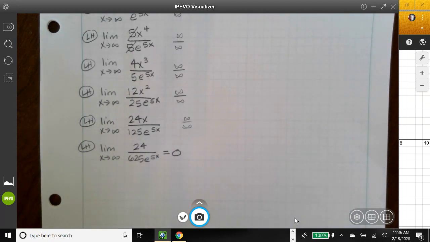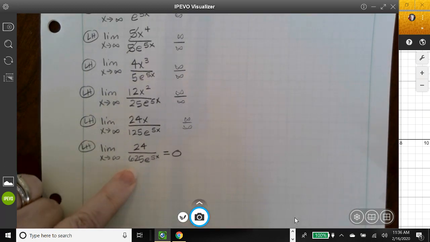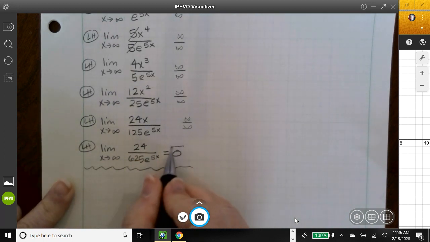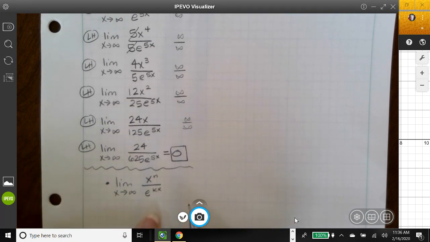Because the denominator is going to get incredibly large and the numerator stays constant. So I just want to do a generalization. The limit as x goes to infinity of any polynomial x to the n over e to the kx, no matter what k is, and I'm going to say k is a constant here.